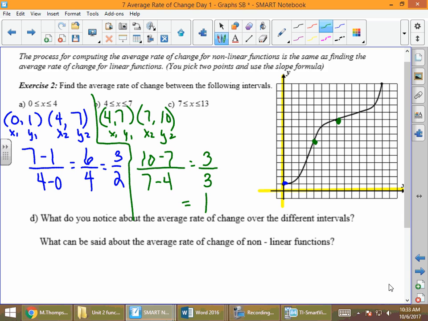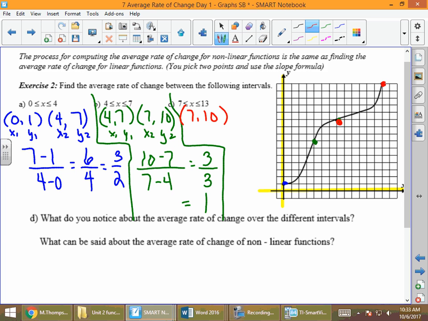Again, if you need to type that in your calculator, type it in your calculator. So we have one more calculation to do. And we can look at 7, which we just saw that point, 7, 10. And then over here, 13, well, I need to count.